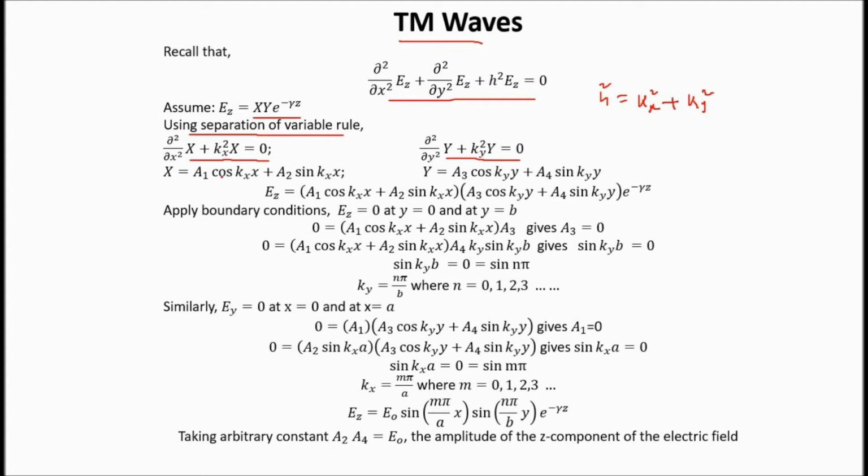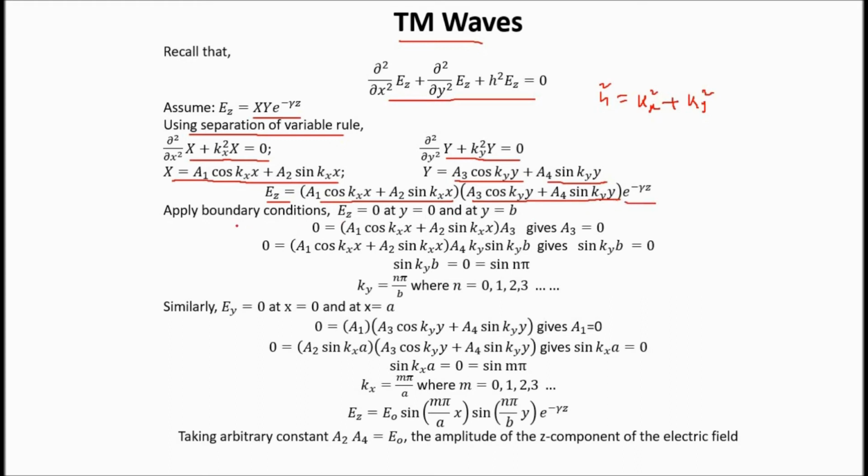So now the solution for X will be X equals a1 cosine kx x plus a2 sine kx x, and the solution for Y will be a3 cosine ky y plus a4 sine ky y. Now the complete solution of Ez will be a1 cosine kx x plus a2 sine kx x, times a3 cosine ky y plus a4 sine ky y, times e to the power negative gamma z.